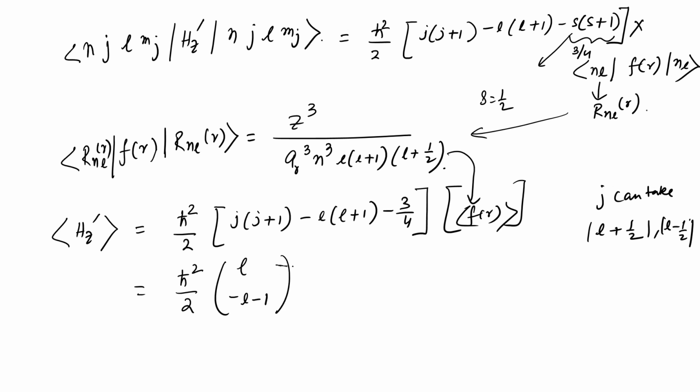This will be there when j equal to l plus half, that is the first one, and this will be there when j equal to l minus half, and the whole thing will be written as.